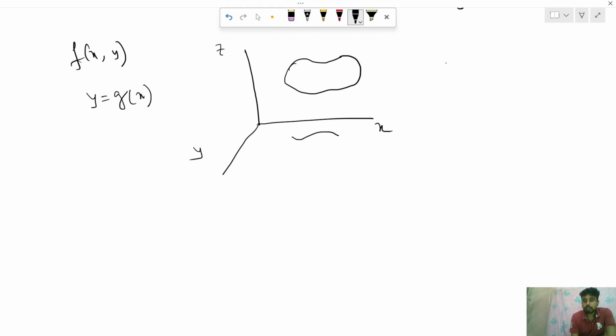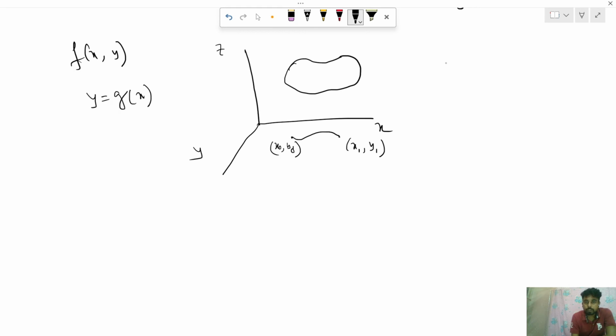So I consider this is the curve y equal to g(x) in the xy plane, and I consider here the point is (x0, y0), the initial point, and I consider the terminal point (x1, y1).